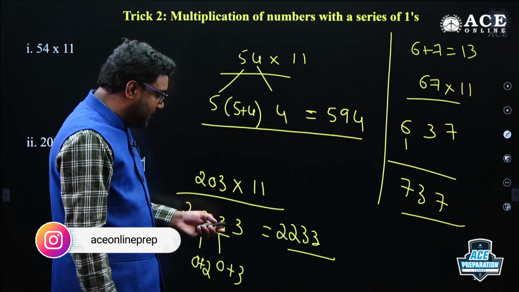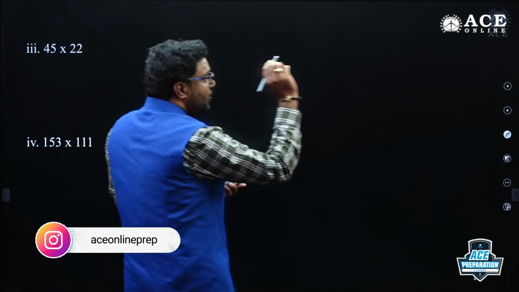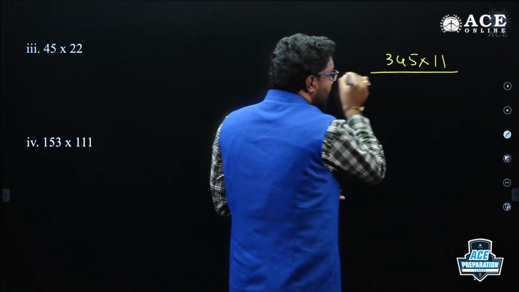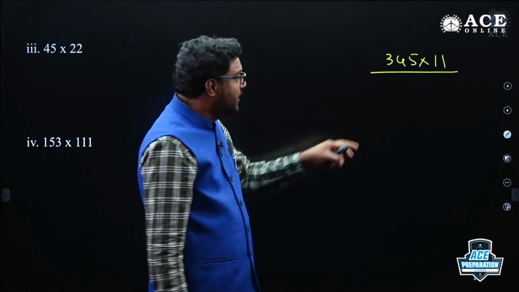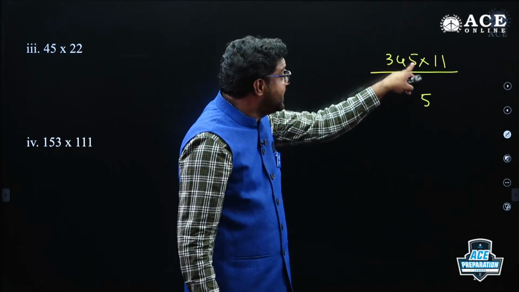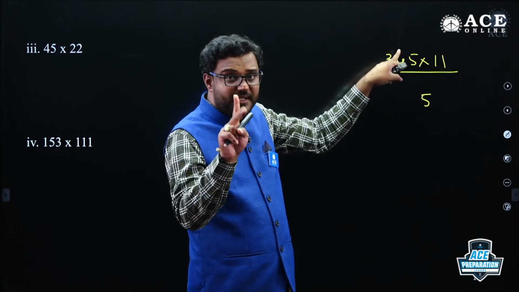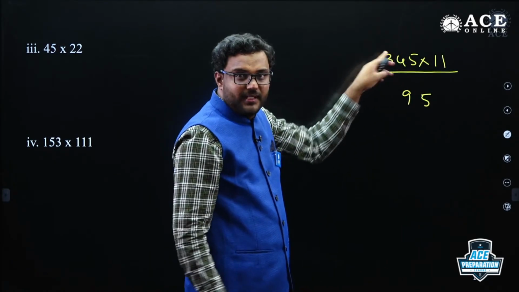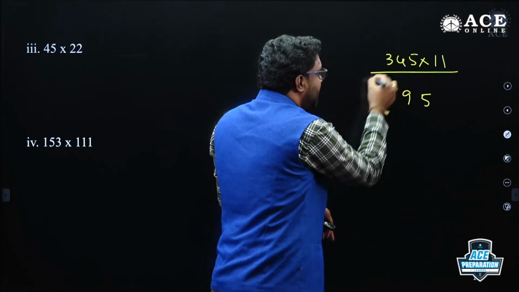I'll give one more example related to this. Suppose you want to calculate 345 into 11. So take 5. Then 4 plus 5 is 9. Then 3 plus 4 is 7. Then finally 3.